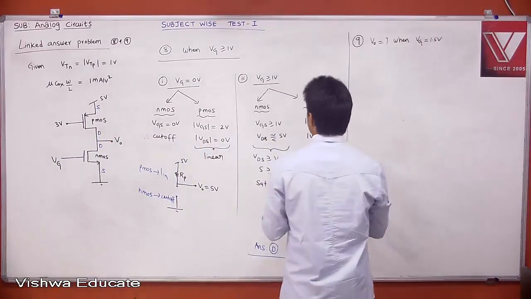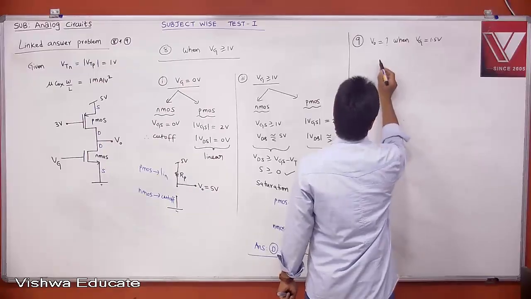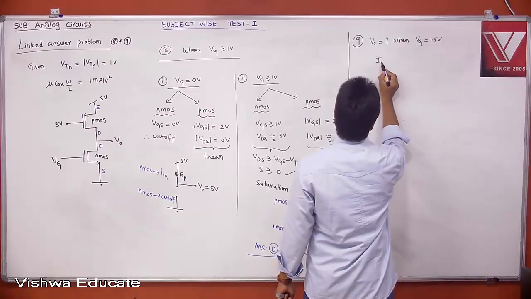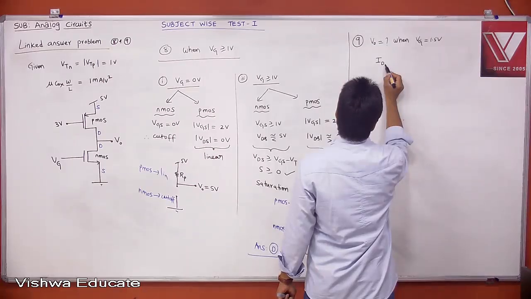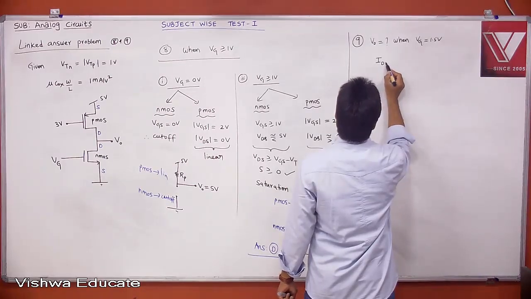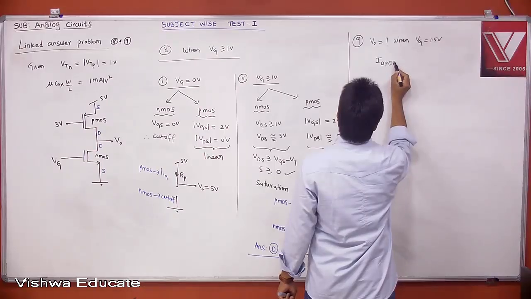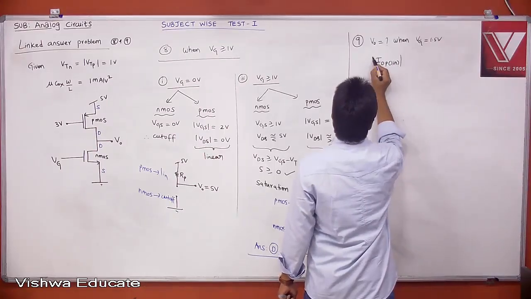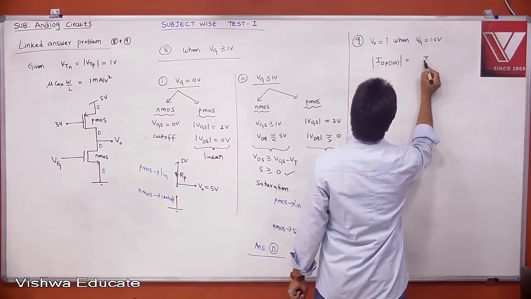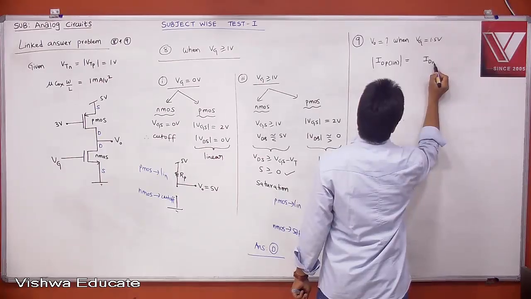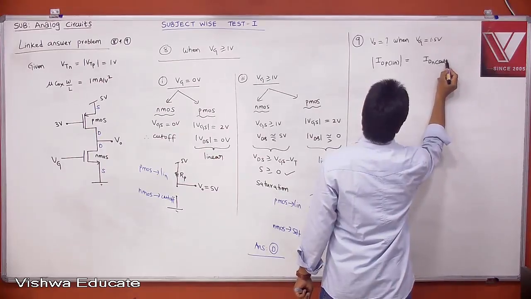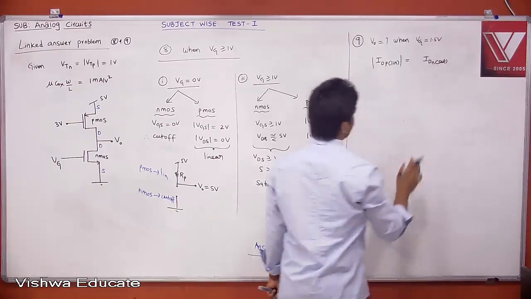Therefore, your PMOS is in linear region. Therefore, IDP of PMOS, which is in linear region, mod is equal to the drain current of NMOS, IDN, which is in saturation. That is what we got. No need to mod because that is positive.